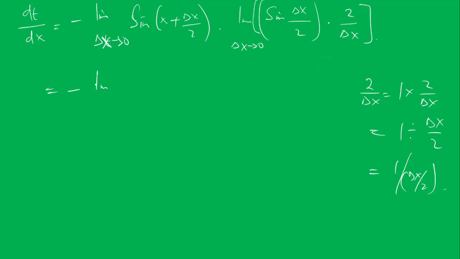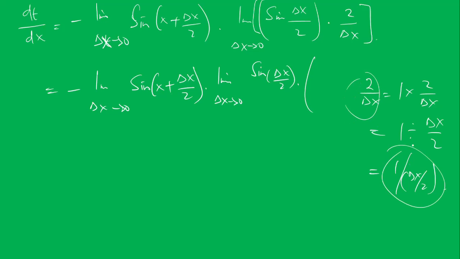So now we will have minus the limit delta x tending to 0 of sine x plus delta x all over 2, times the limit of delta x tending to 0 of sine delta x all over 2, times 1 all over delta x all over 2. So let me demarcate this.